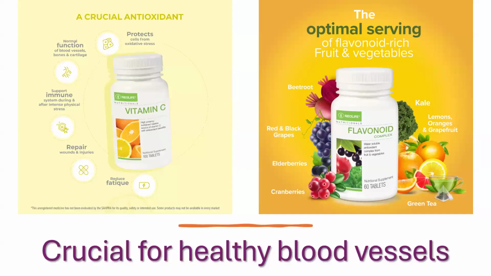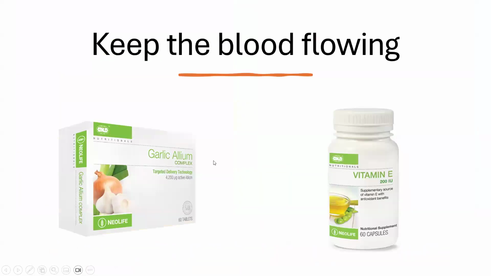If you add and pair it with flavonoid, you'd be doing yourself a big favor because flavonoid enhances the function of vitamin C by 400%, which is quite phenomenal. Yes, and then garlic has another role. It helps with blood flow to keep the blood flowing well, as does vitamin E.